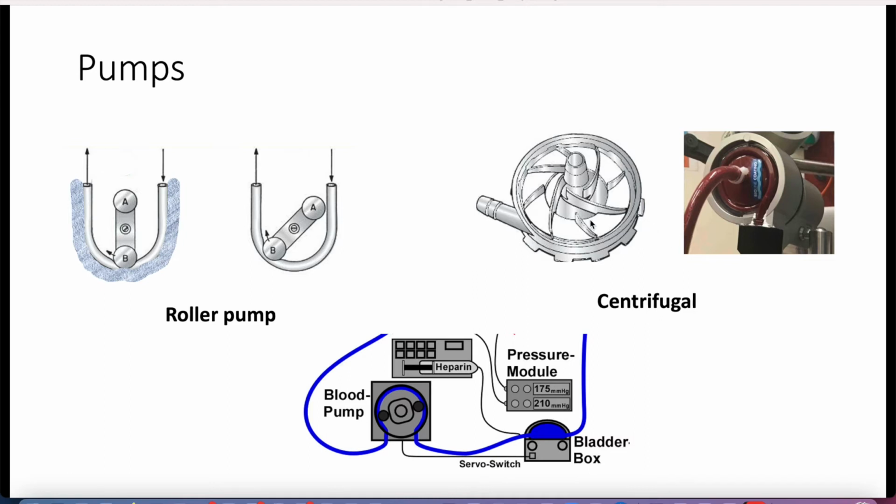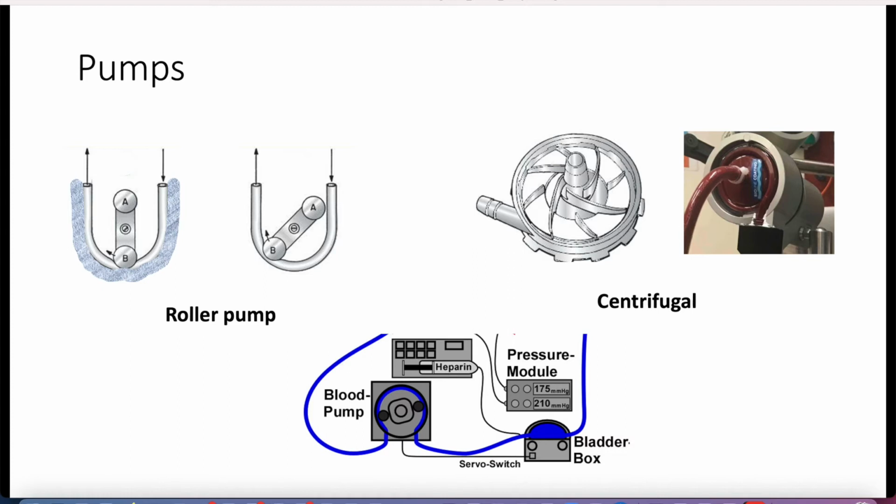As the motor drives the impeller, the blood column that is situated also starts spinning, generating a centrifugal force. This then forces the blood out of the casing through this outlet. As blood moves out, negative pressure is created in the inlet, sucking more blood from the patient.